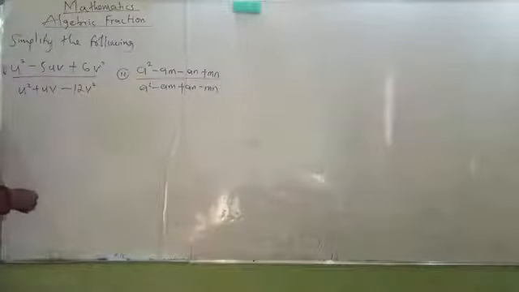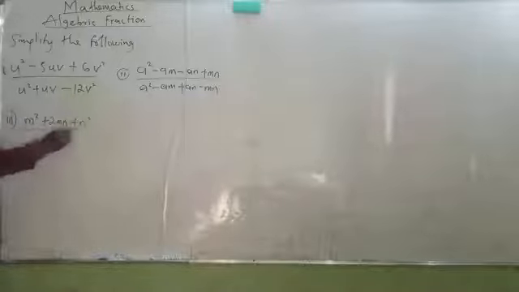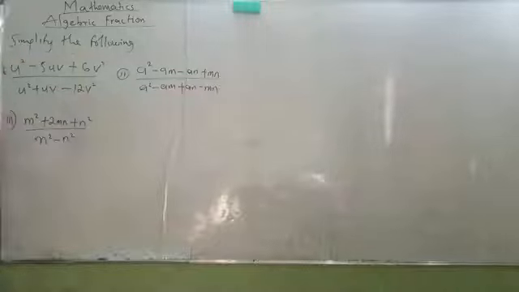And another one, number 3: I have m squared plus 2mn plus n squared divided by m squared minus n squared. And I need to have one more.